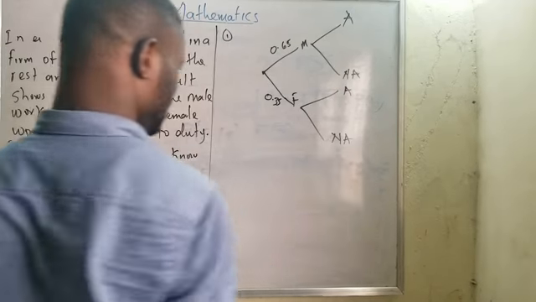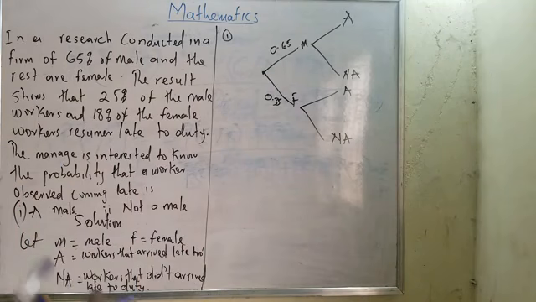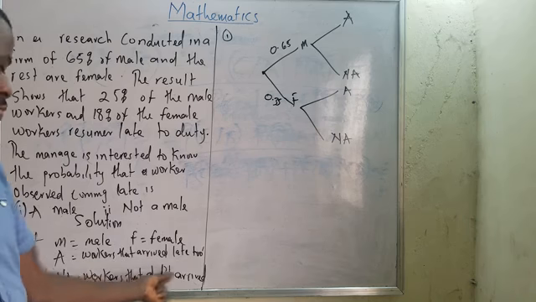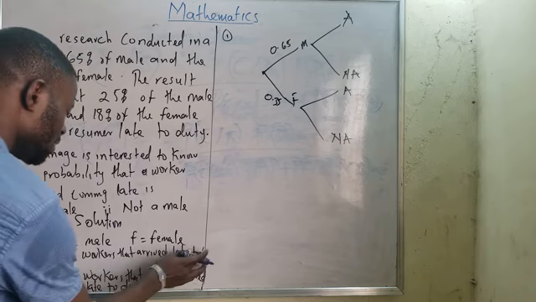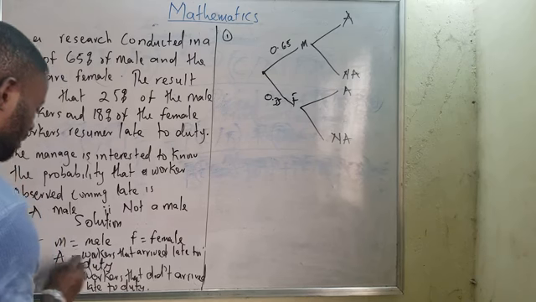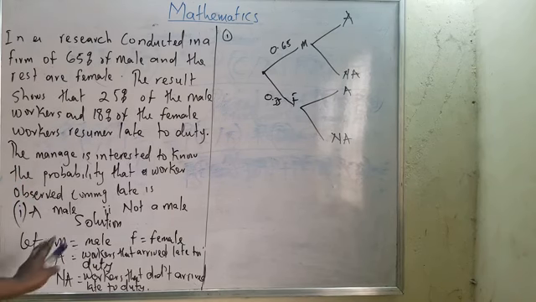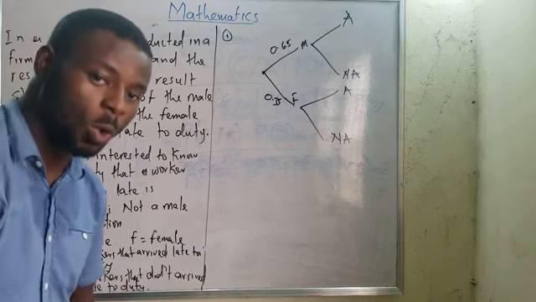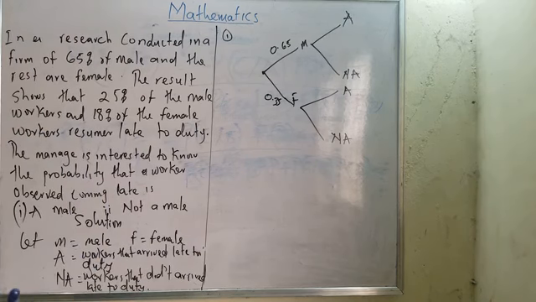That is the tree diagram. A is workers that arrived late to duty, and A' is workers that did not arrive late to duty. It means they always come at normal time to work.